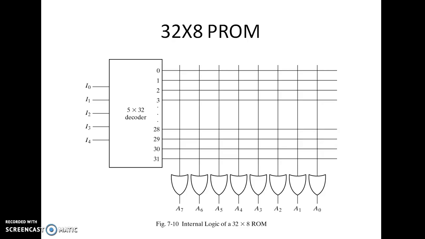Outputs are 16 means inputs must be 4, because 2 power 4 is 16. So inputs must be 4, and 16 cross 5: 5 means the number of OR gates should be 5. Right? So these are the concepts of designing a PROM.